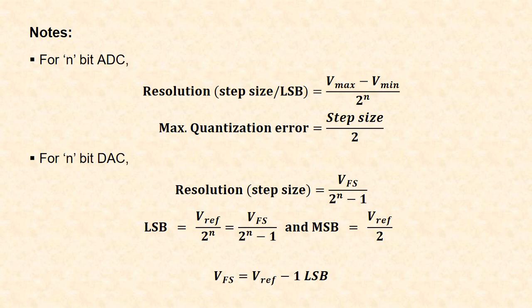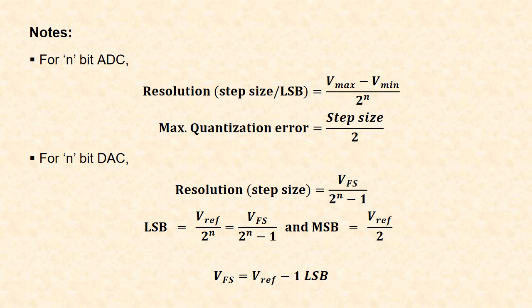Similarly, for an n-bit DAC, the resolution or step size or LSB is equal to VFS divided by 2 to the power n minus 1. The LSB is also equal to V reference by 2 to the power n, which is also equal to VFS by 2 to the power n minus 1, and MSB is equal to V reference by 2.